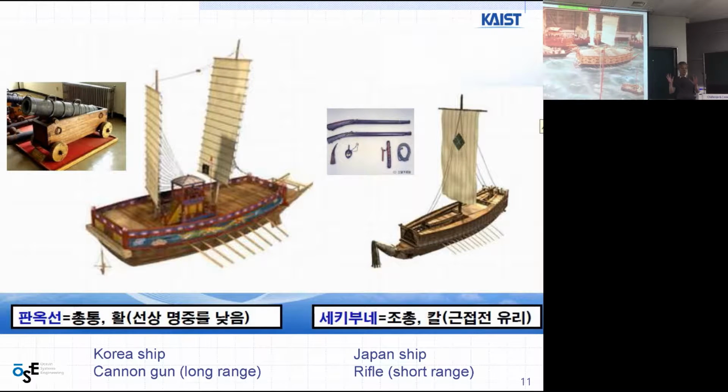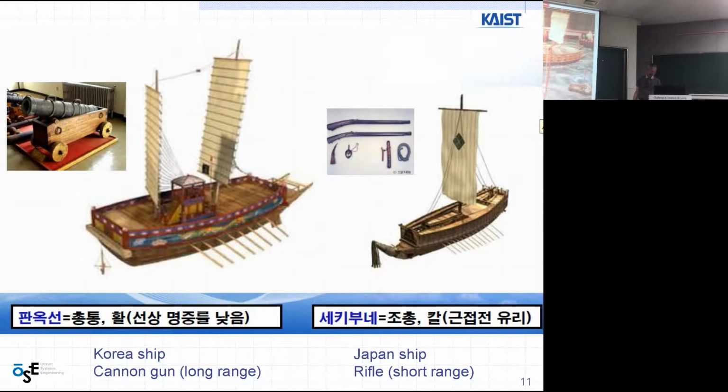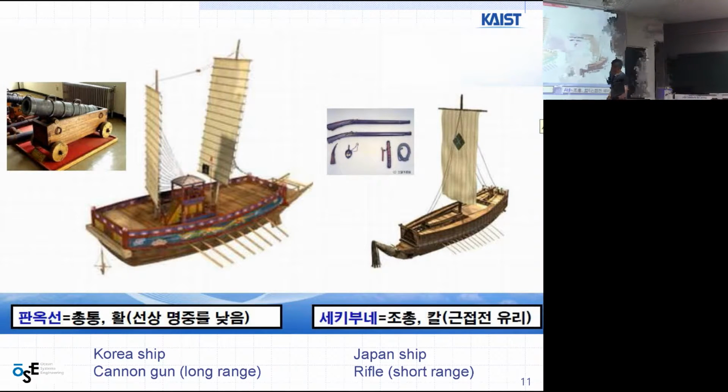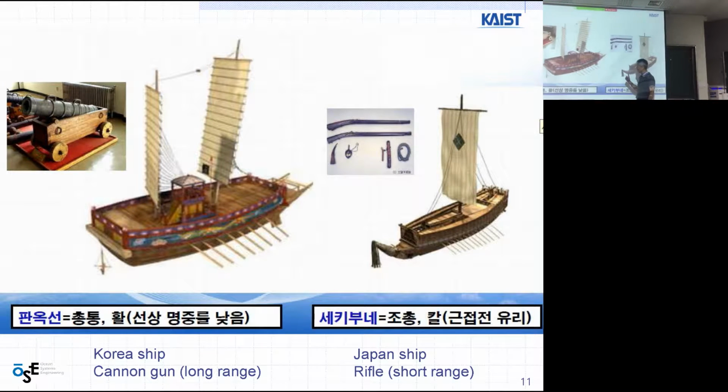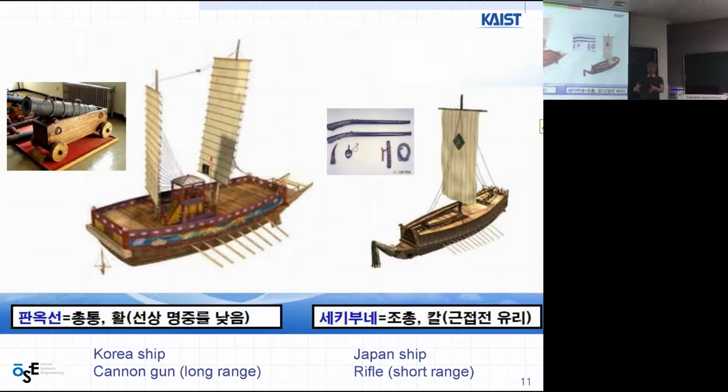So we call this a protection, cladded, steel plate cladded. But the big difference is that they use guns, big guns. Right? Rather than Japan warriors who use short range rifles rather than cannon.